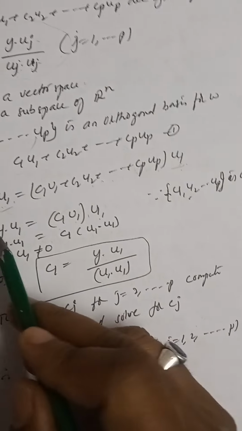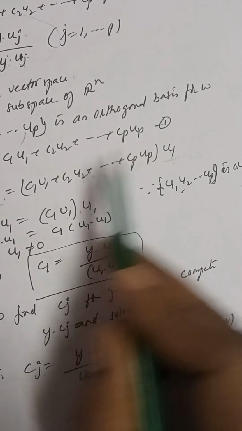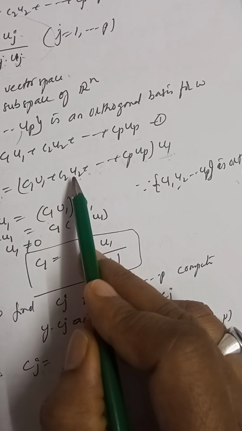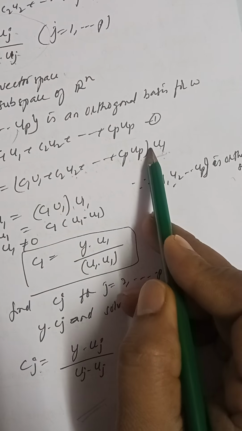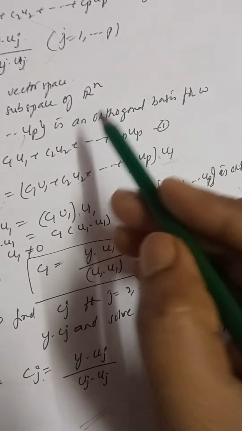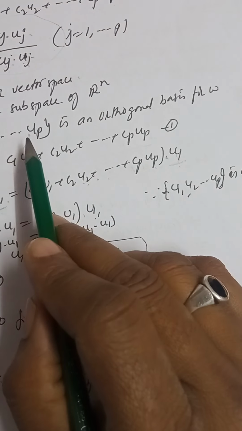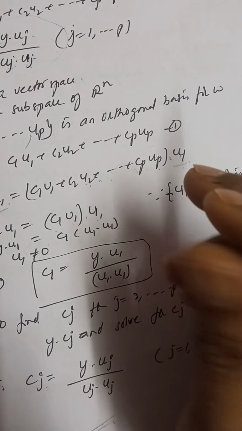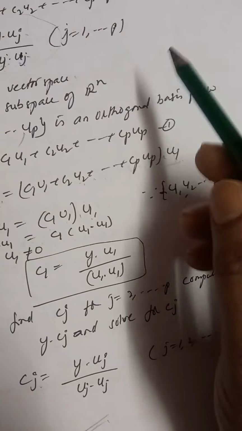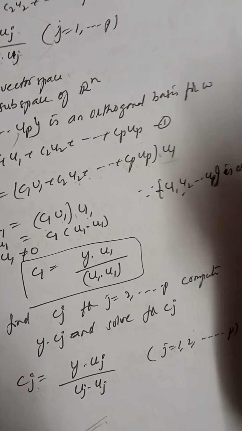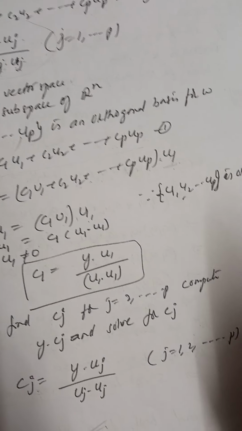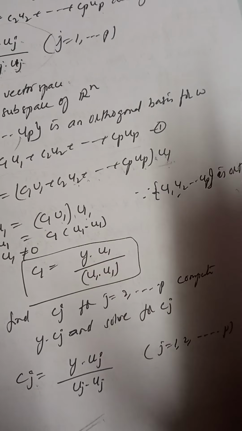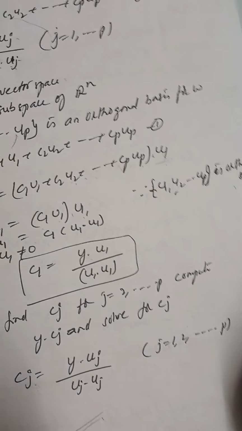Now y dot u1 is equal to c1 u1 dot u1 plus c2 u2 dot u1, and u2 dot u1 is what? Zero, because this set is orthogonal. A set is said to be orthogonal if every pair of distinct vectors has inner product zero, that means u1 dot u2 is equal to 0 or u2 dot u1 is equal to 0, u3 dot u1 is equal to 0, similarly up dot u1 is equal to 0.